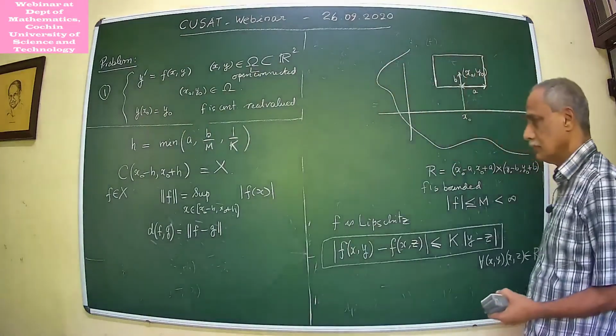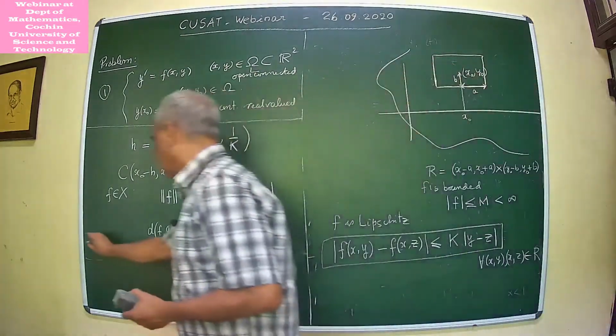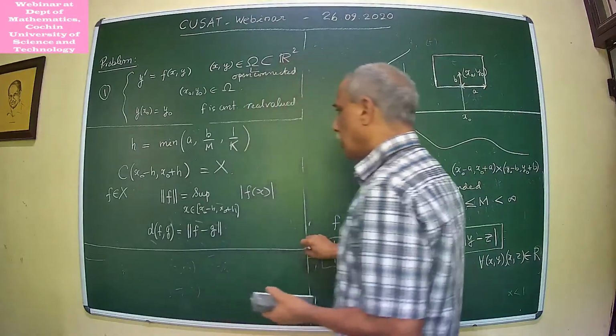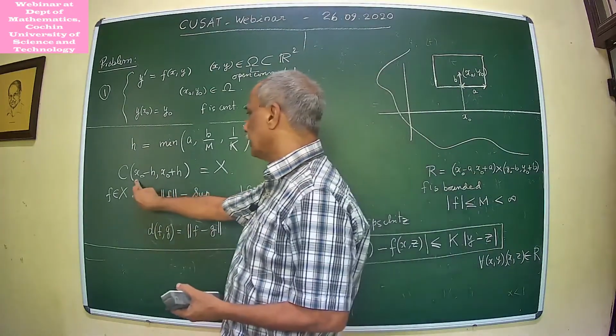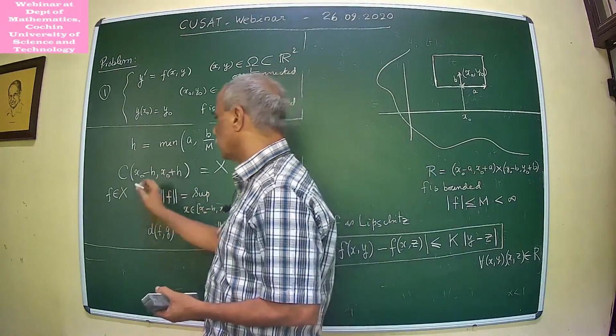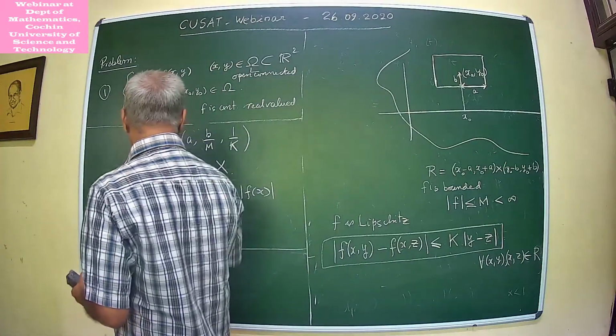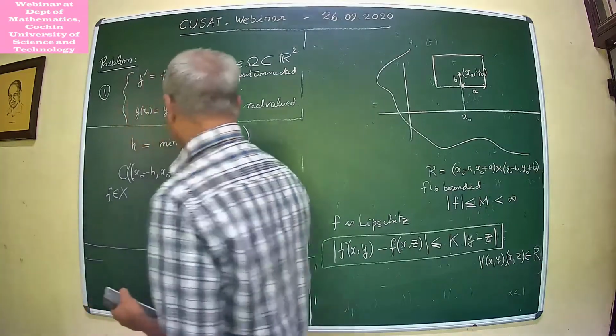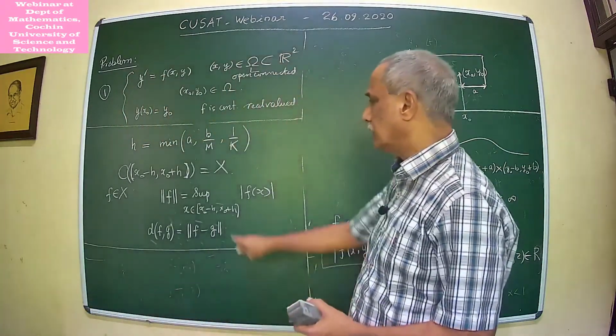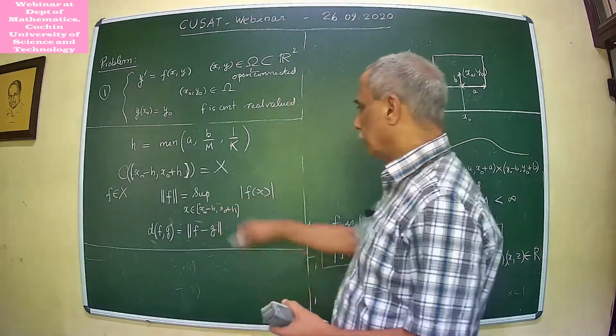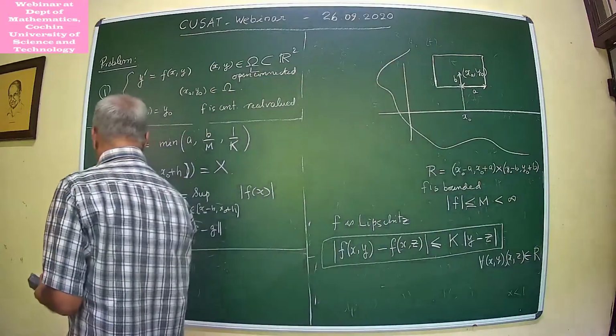So we consider all continuous functions on the interval x_0 minus h to x_0 plus h. If you want, you can make it a closed interval and call that X, and on X you put the sup norm. Then X is complete.